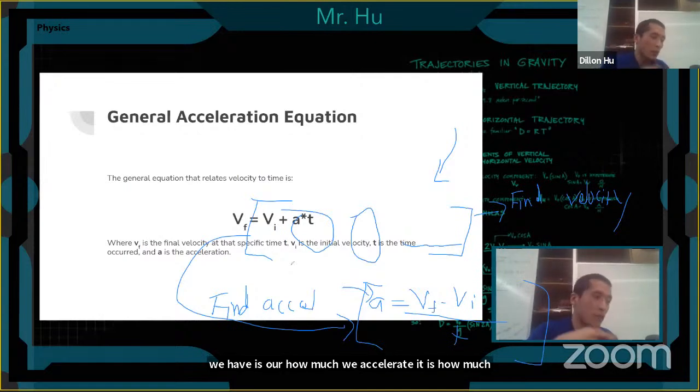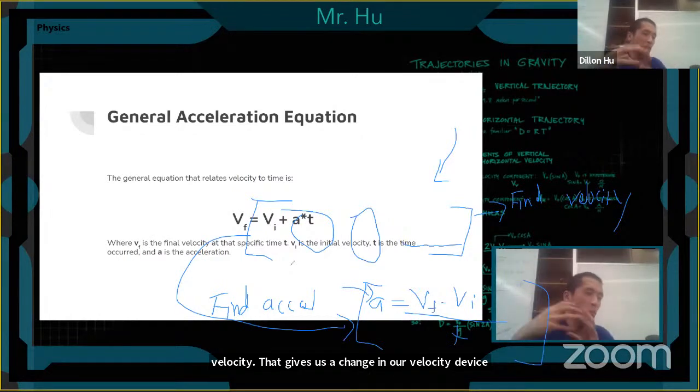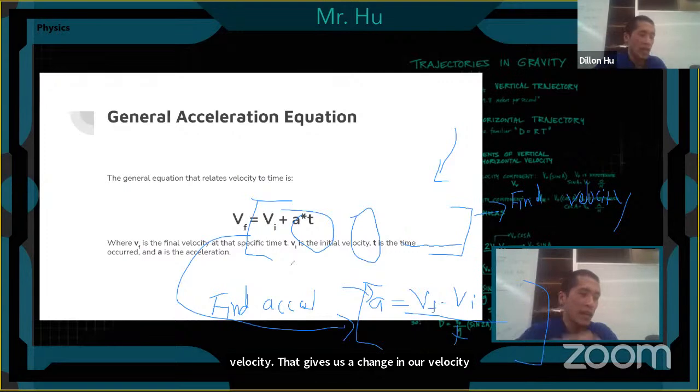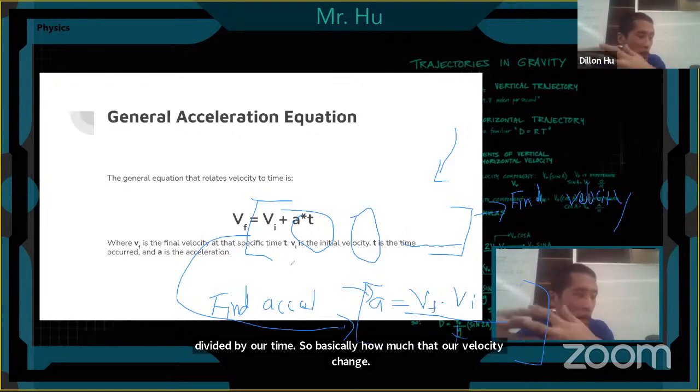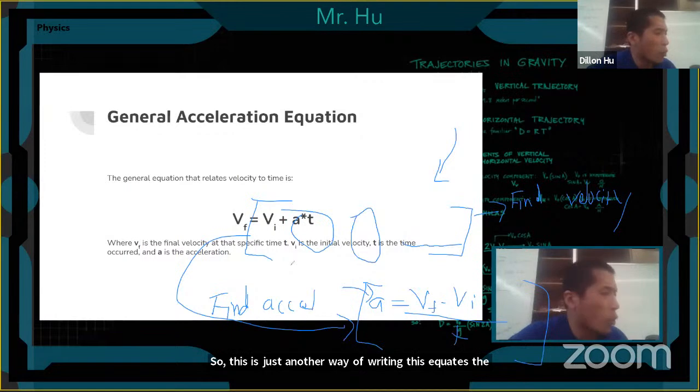In other words, our final velocity minus my initial velocity gives us a change in our velocity, divided by our time. So basically, how much did our velocity change divided by time, essentially giving us our rate of change of velocity. This is just another way of writing the same equation, in a way that might be a little more intuitive for some particular problems.